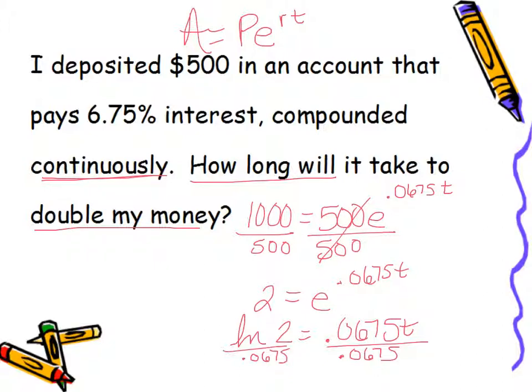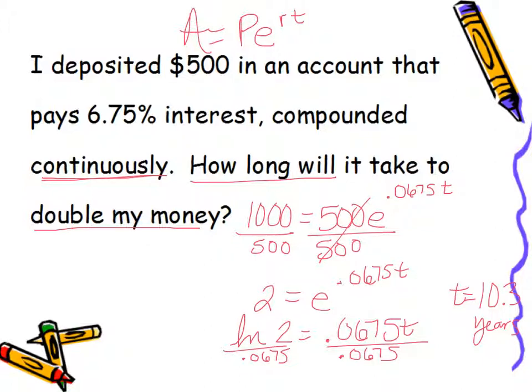So natural log of 2 divided by 0.0675, don't forget to close that parenthesis, and we end up with t equaling 10.3. Remember t is your time, and it's measured in years when you're using this continuous compound formula. So it's 10.3 years to double my money.